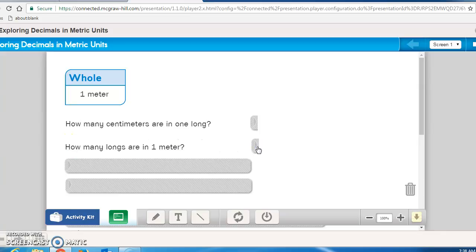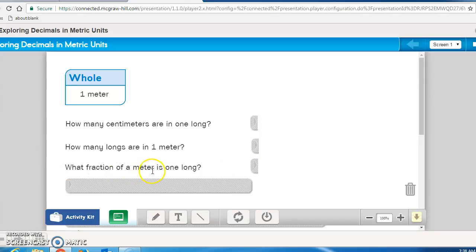Well, how many longs would be in a meter then? Hopefully you're asking yourself how many centimeters are in a long, and you should realize there are 10. So how many longs would be in a meter? 10.